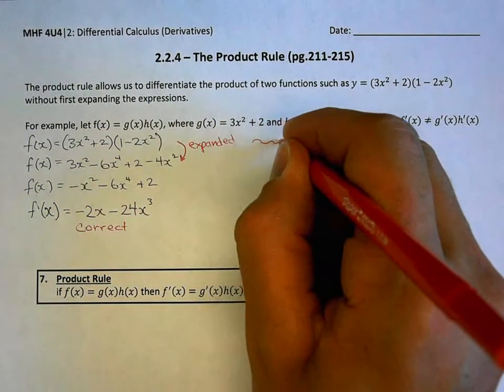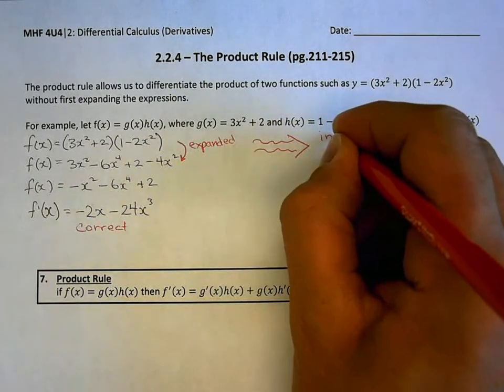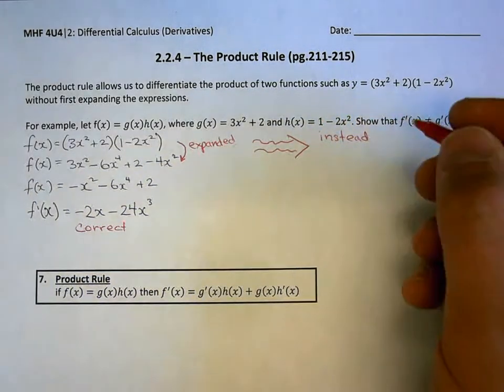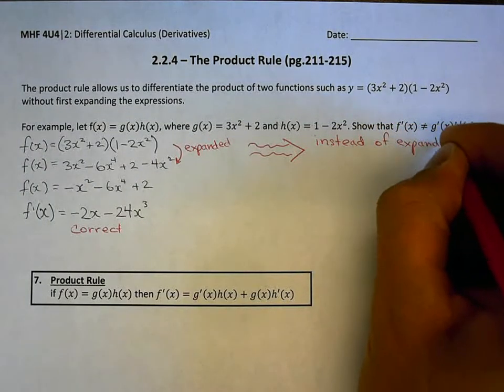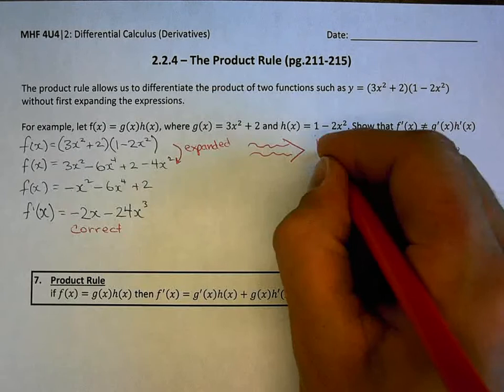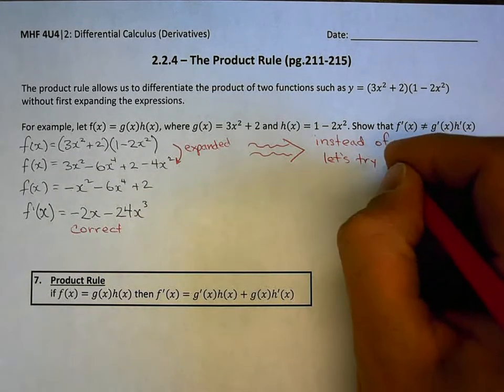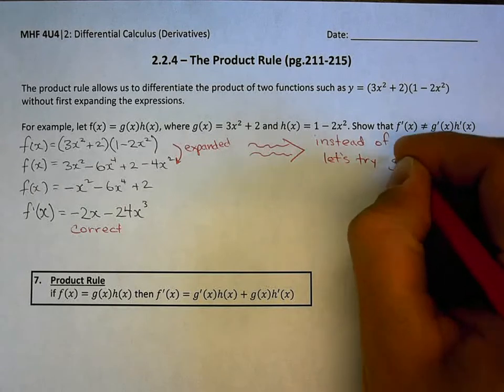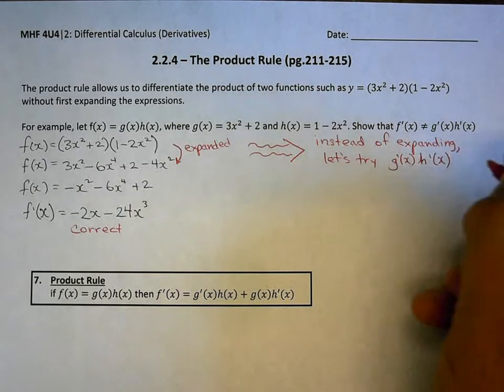Okay, so let's try this shortcut. Instead of expanding, let's try g prime at x times h prime at x.